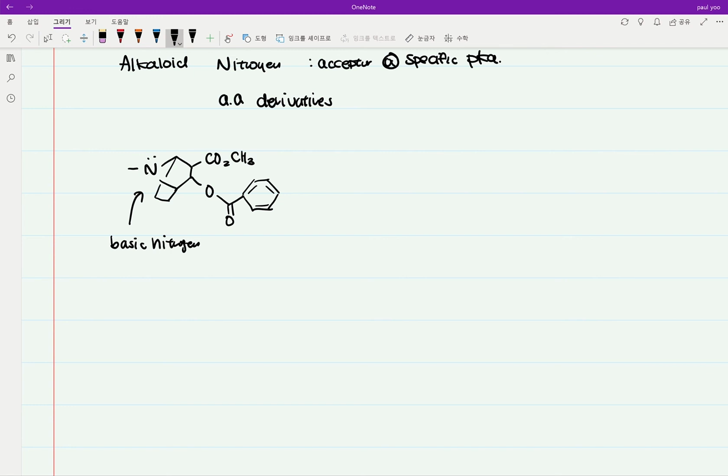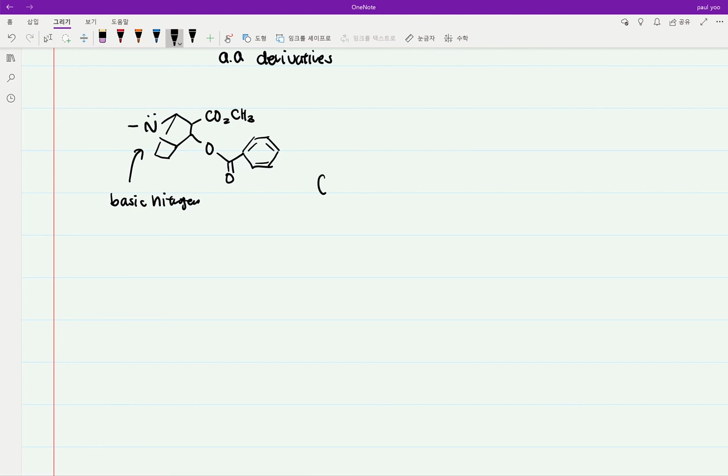That is a Bronsted base and protonated, and also makes it soluble in water. And this drug is actually cocaine. And a very similar drug that is a derivative of cocaine is Novocaine. Novocaine is like cocaine without addiction.